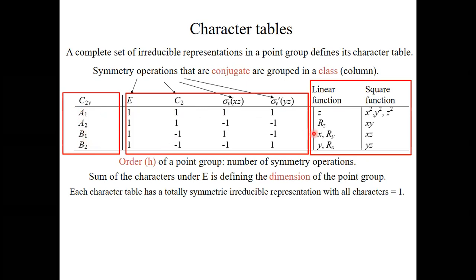So that means that these coordinates z, x, and y have symmetry types A1, B1, and B2, respectively.